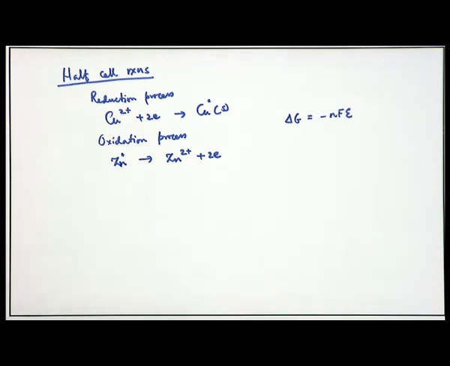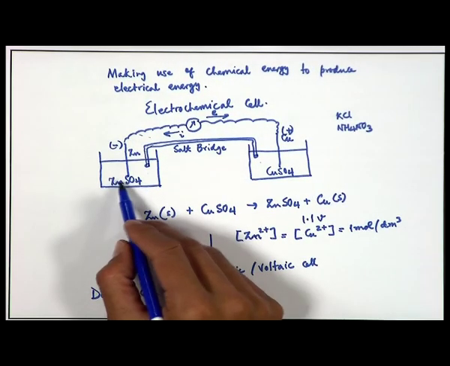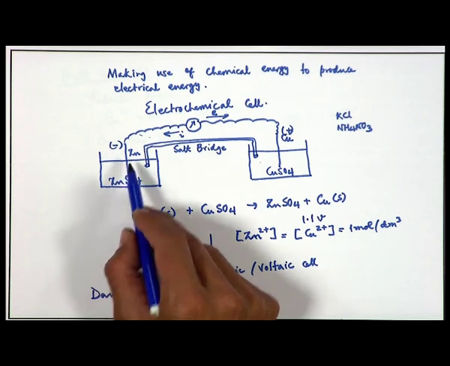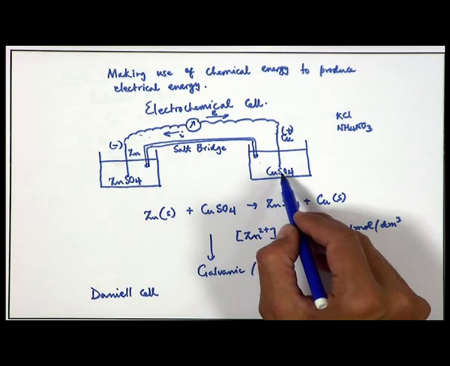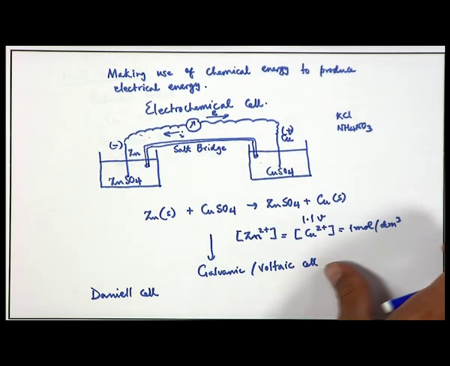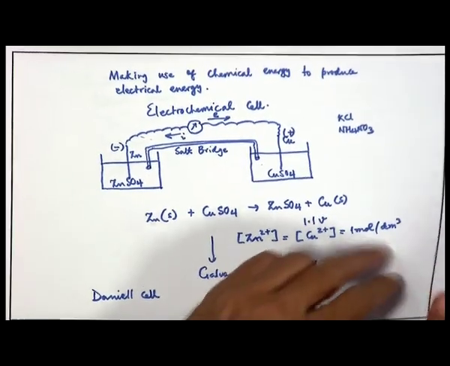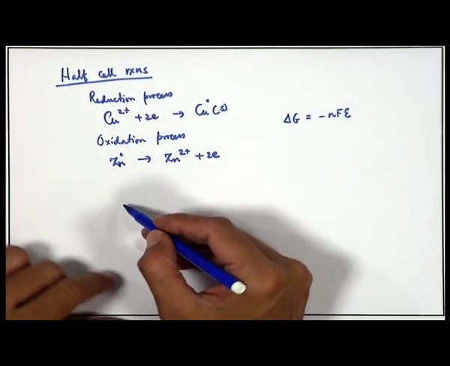If you recall the earlier slide, in zinc sulphate solution your zinc metal is dipped, and in copper sulphate solution your copper metal is dipped. Whenever such an arrangement is made, it is represented like this.